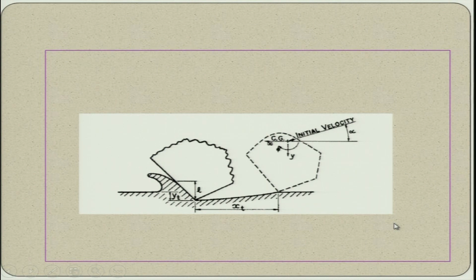Now, you can clearly see, as I mentioned in the introductory part, the abrasive particle may hit the workpiece at a normal angle, that is 90 degree, or at an angle other than 90 degree.